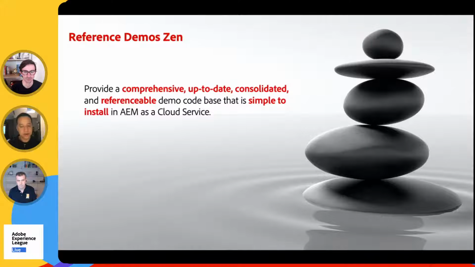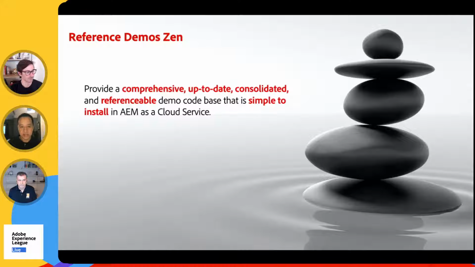Consolidated, meaning in one place, so not having to look for different code repos for the different features and products. And again, referenceable, meaning that it represents Adobe best practices for implementations that are scalable and performant.